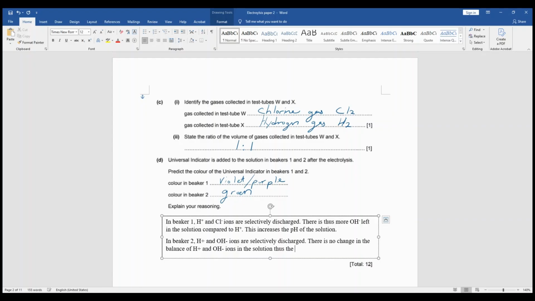Thus, the pH of the solution remains unchanged. Thus, the solution remains neutral. Okay, again superscript.